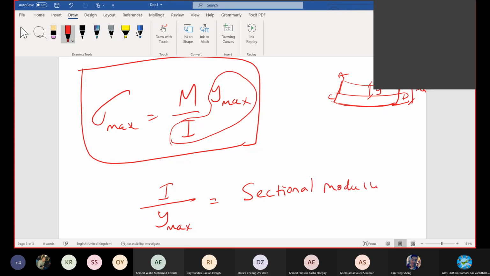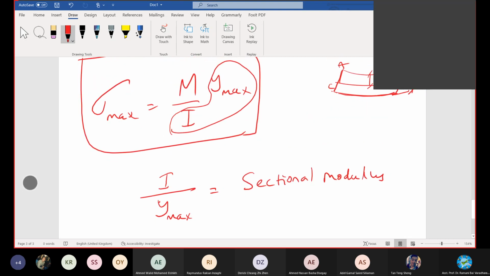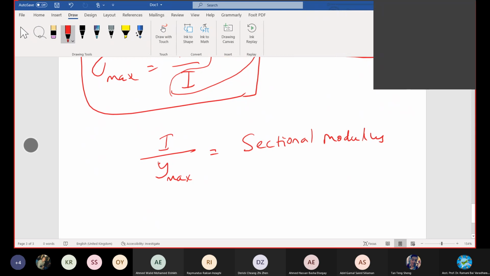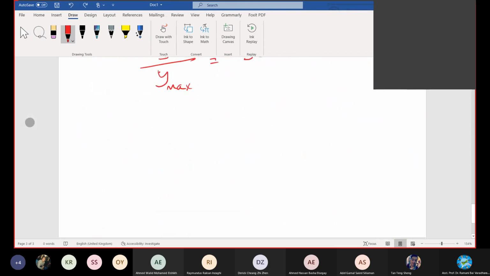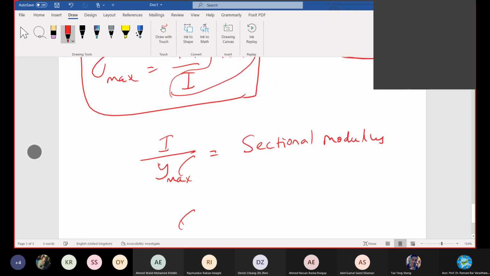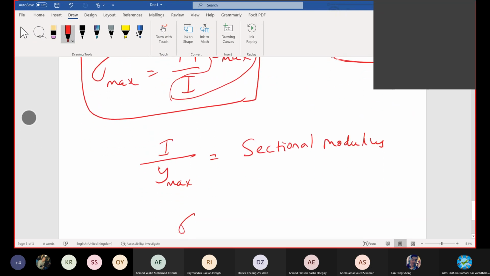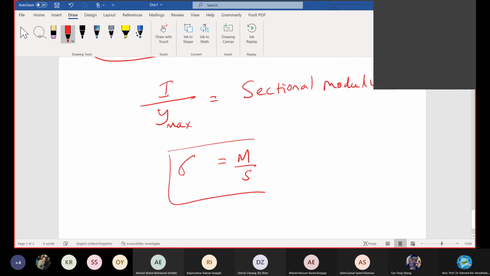Sometimes in the question it is asked to find the section modulus. In that case, you treat this ratio as the section modulus. If you are given a sigma value and asked to find the section modulus, you can use this formula, sigma equals M over S.